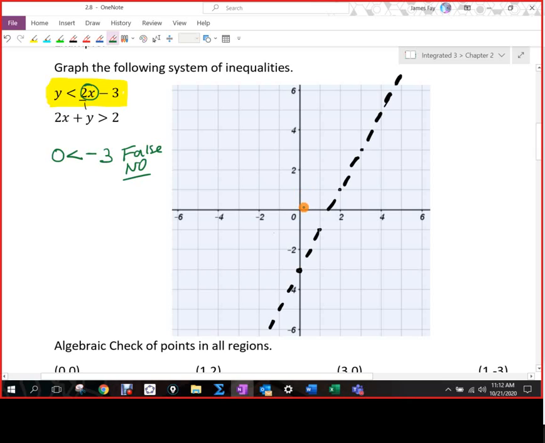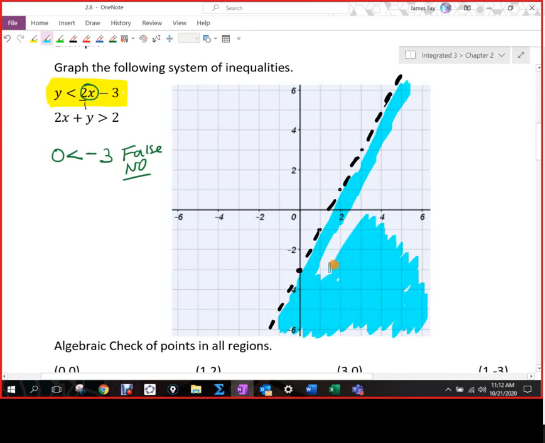Does that make sense? You see that point came from the top side of that black line. So then we shade on the other side of that line. If we would have gotten a true statement, we would have shaded where that point came from.